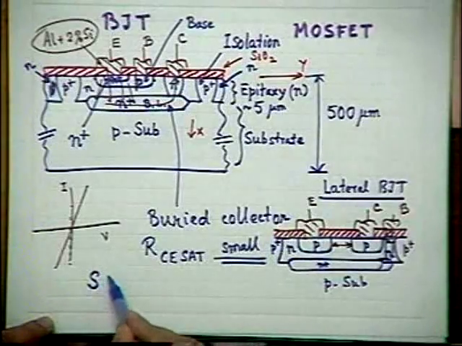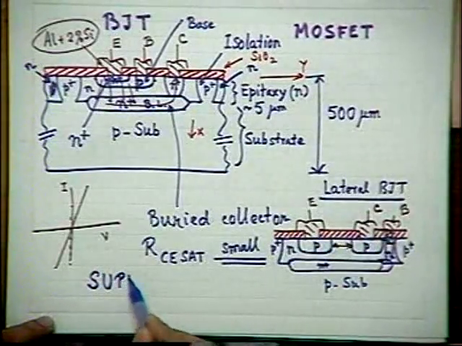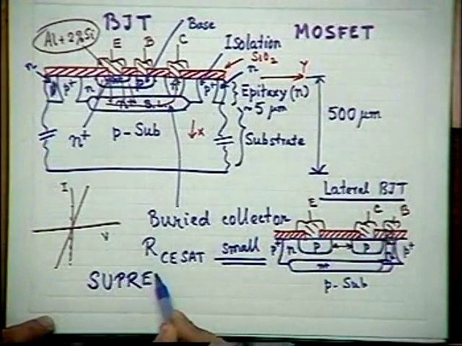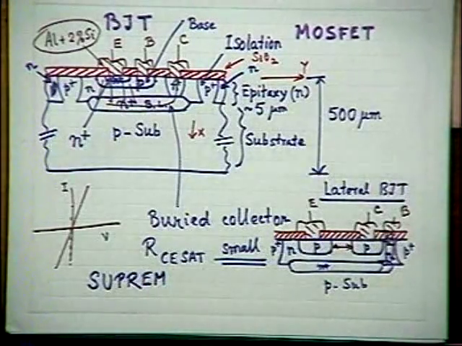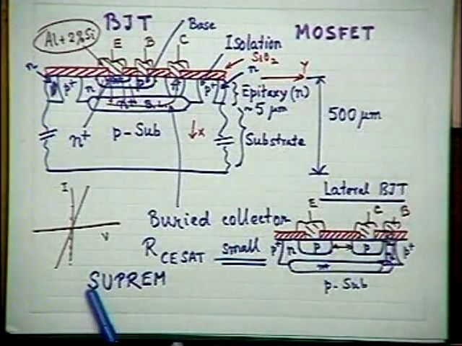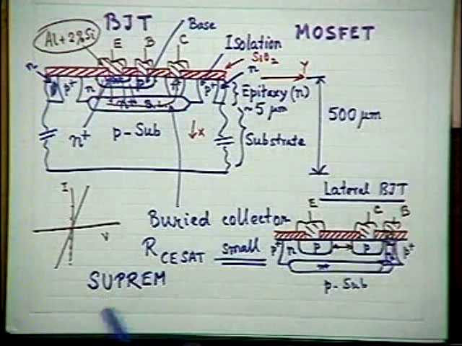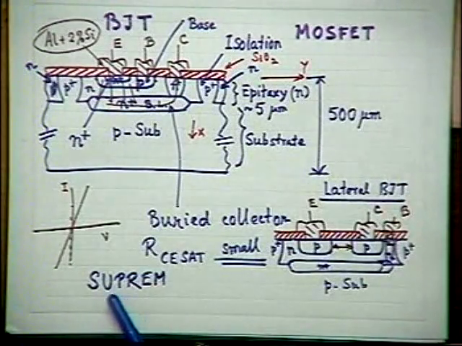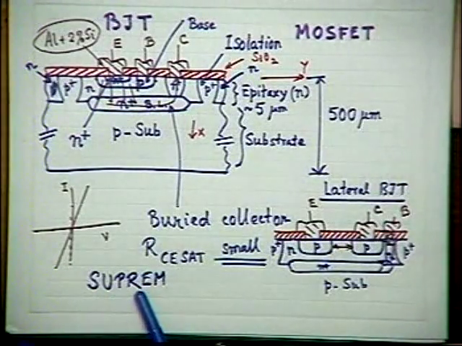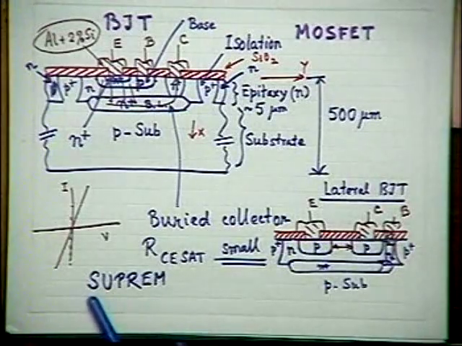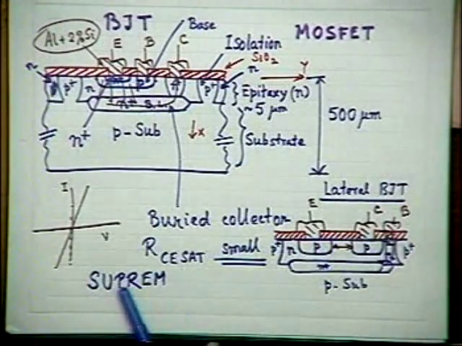I think you have heard the name of a simulator called SUPREM. Some of you must know that. This was originally developed by Stanford University, and they gave the name SUPREM: Stanford University Process Evaluation Models.